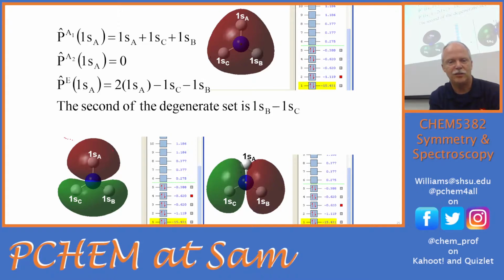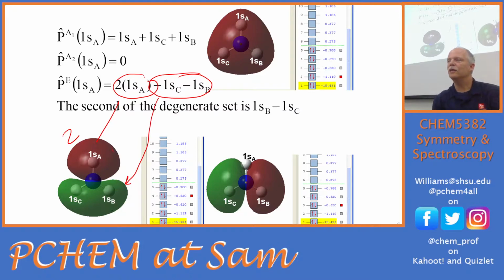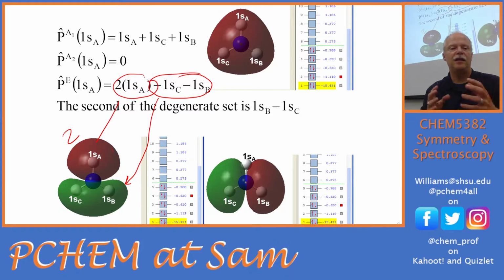It's 2, well, it's right here. I've written it out. 2 1sa, and then change sign means change color on 1sc and 1sb. So we were able to generate that molecular orbital picture, at least with the hydrogen pieces, using the projection operator.